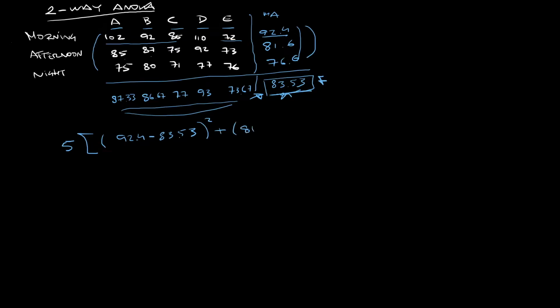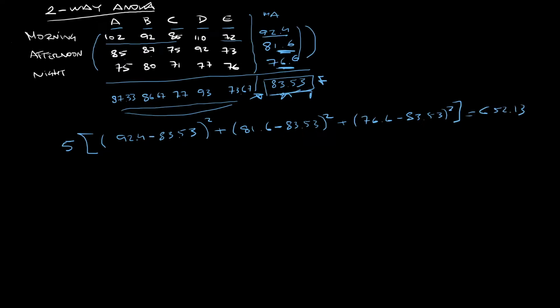So 81.6, it's the same thing: this number minus the average, again 83.53, squared. And lastly, the last number, so 76.6 minus 83.53 squared.